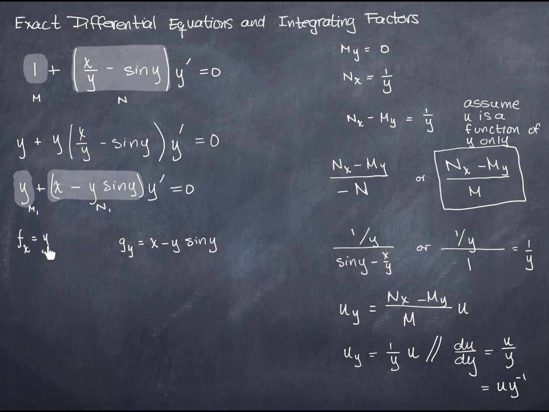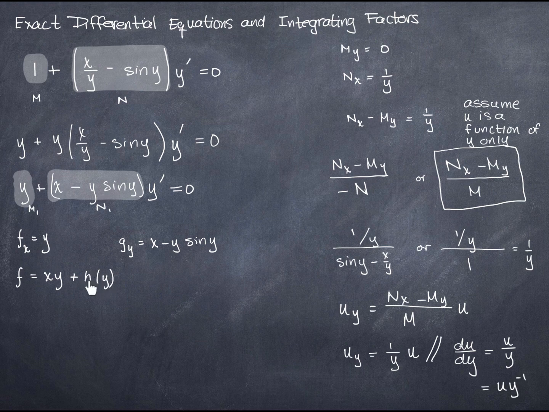which means that the function f must be x times y plus a constant, but not really a constant, remember, because this function was the derivative of some other function taken with respect to x, which means that in addition to just a constant here, I might have an entire function, I'm going to call it h, only in terms of y.